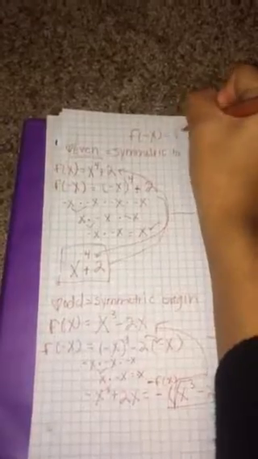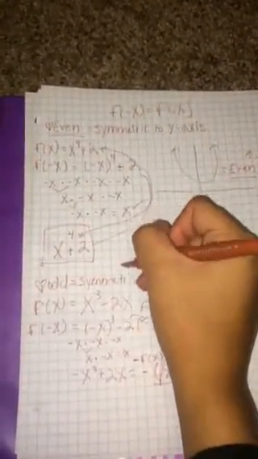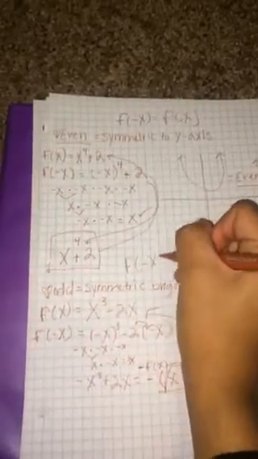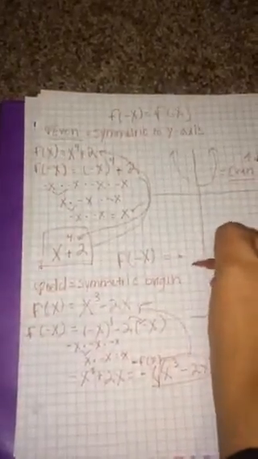And remember, for even, they're both going up or both going down. And for odd, one is going up and the other is going down, or the other way around. For even, you have to put f of negative x equals f of x. And for odd, it has to be f of negative x equals negative f of x.